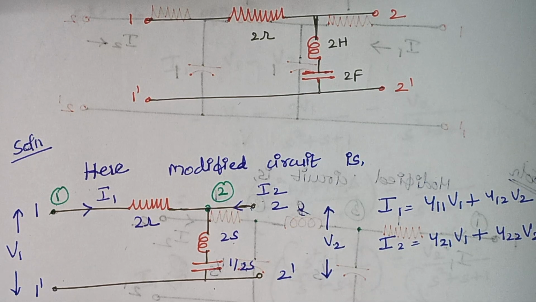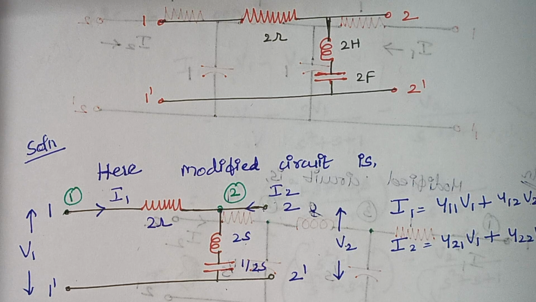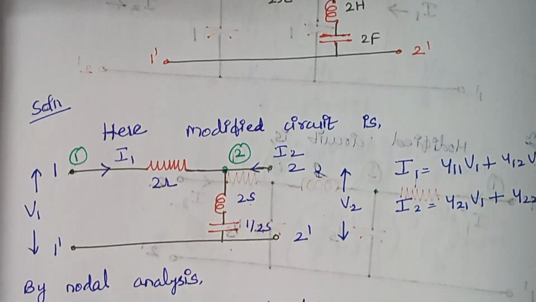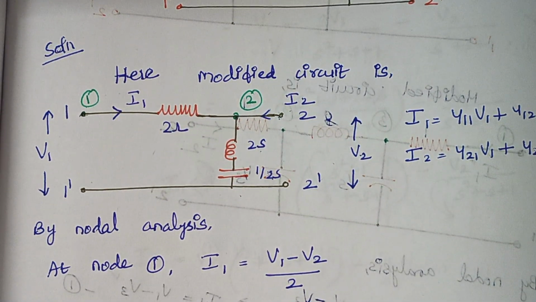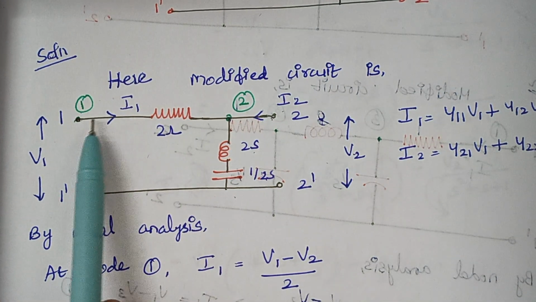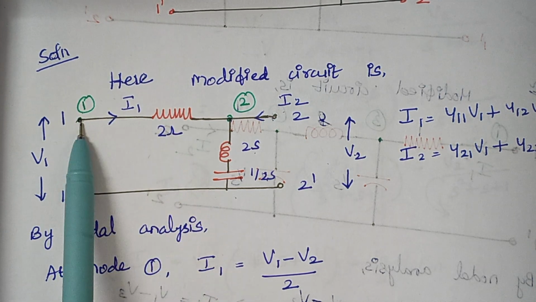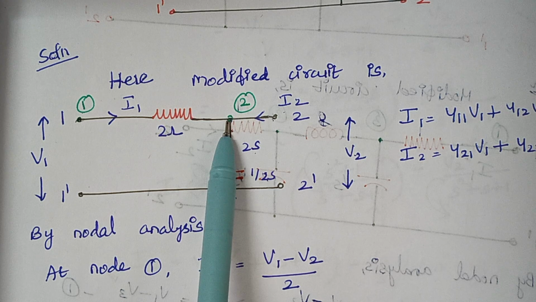Right. So by nodal analysis, first we are going to write the equation at node 1. When you look at node 1, a 2 ohm resistor is connected to node 1, and it is not only connected to node 1, it is connected between node 1 and node 2.